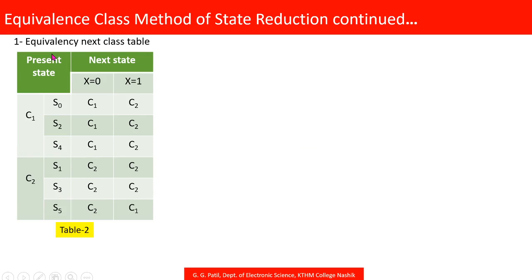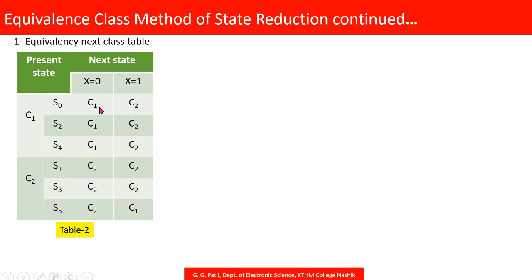See this one, the one equivalency next class table, table 2. We have discussed that C1 and C2 are formed because their outputs are same. Since C1 contains S0, S2 and S4, whatever the states in this column, they are to be represented as C1, C1, C1 or C2, C2, C2, depending on the state table, that is, class names are to be written in this next state column.